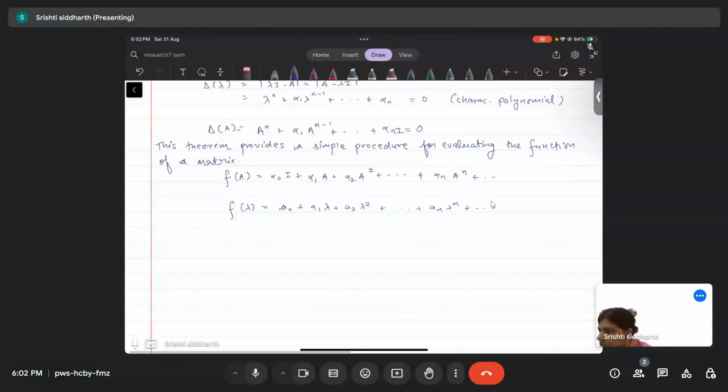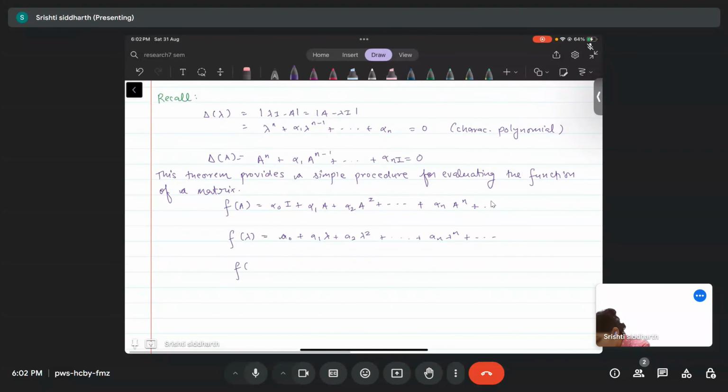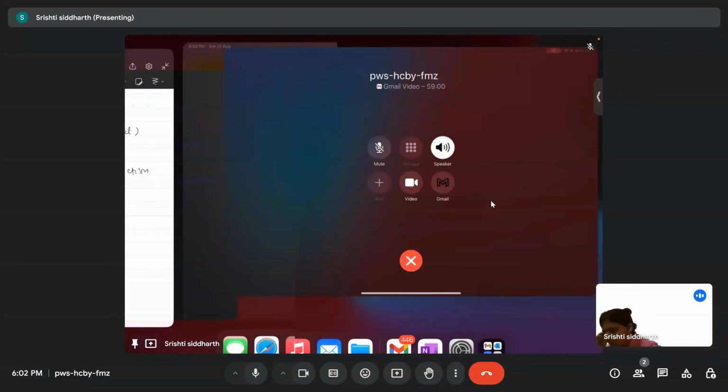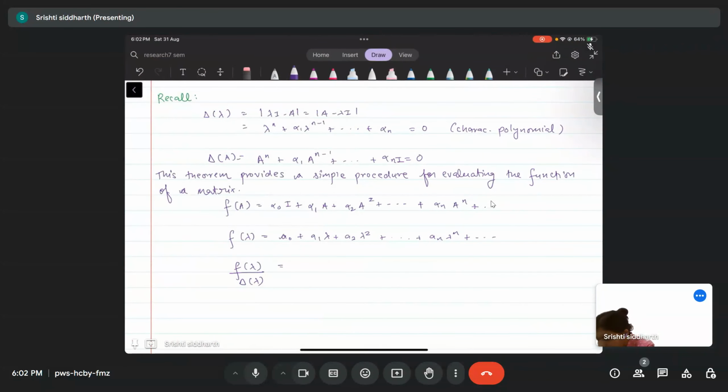Okay. So then we can divide by the characteristic polynomial. Let's see, f lambda over delta lambda, and let's say this is given by some quotient q lambda plus some function g lambda over delta lambda.